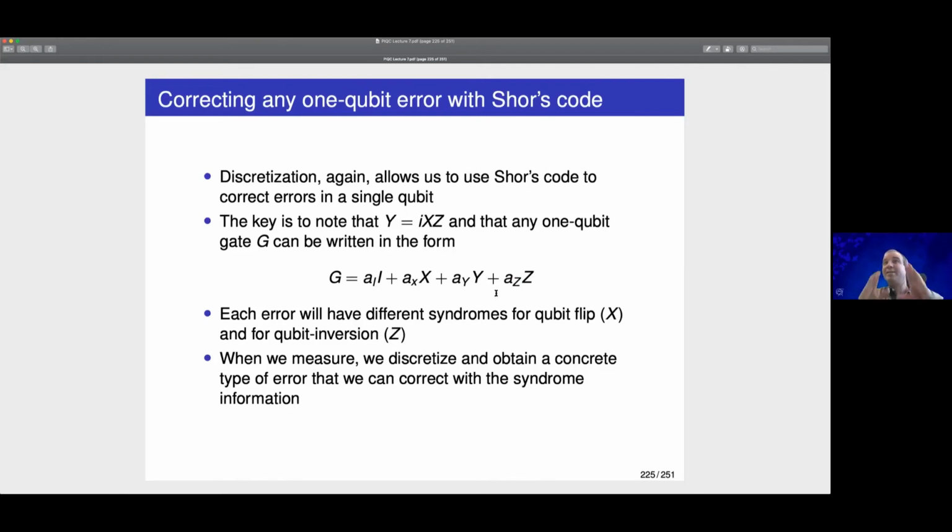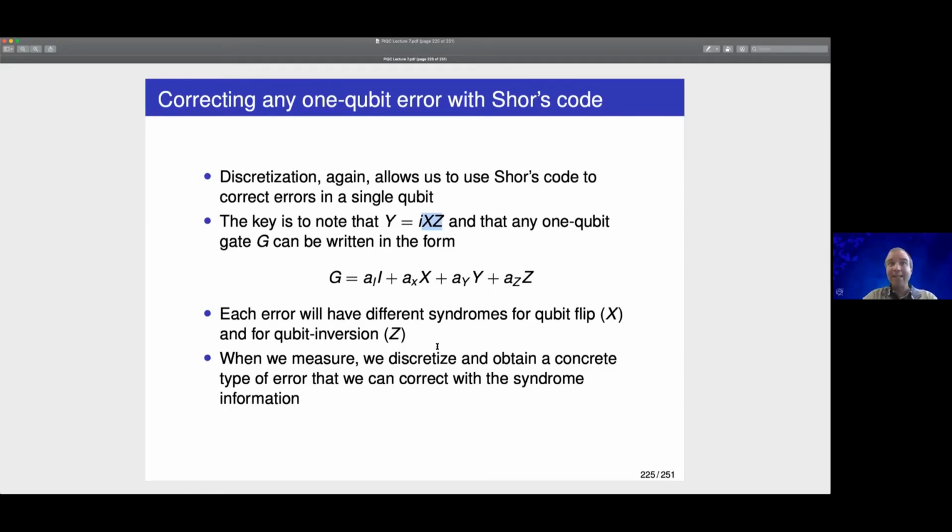Okay, so it's a linear combination of errors that we know: no error, which we do not have to protect against, error of qubit flip that we know how to protect against, error of phase inversion that we know how to protect against, and then this Y error, which is a combination of the phase inversion and the qubit flip.